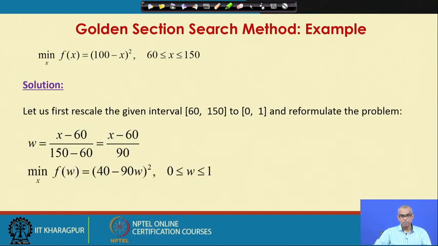Now let us take one example to understand the working. We minimize the function f(x) equal to (100 minus x) whole squared, and let us say x lies between 60 to 150. You know that the function attains its minimum at x equal to 100, and the minimum function value is 0.